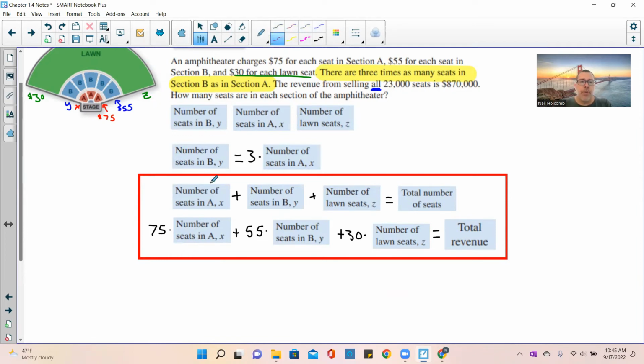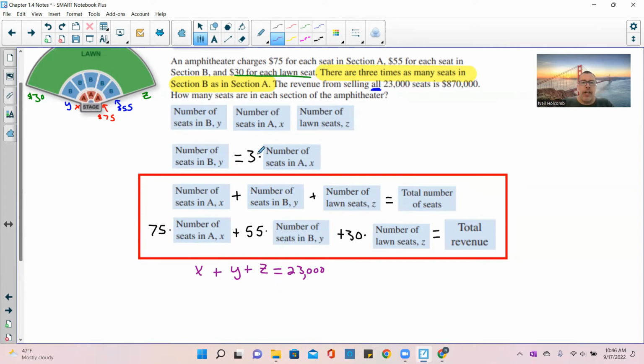The number of seats in A, which is X, is going to just give us X plus Y plus Z equals total number of seats, 23,000. So there is one equation in terms of X, Y, and Z.